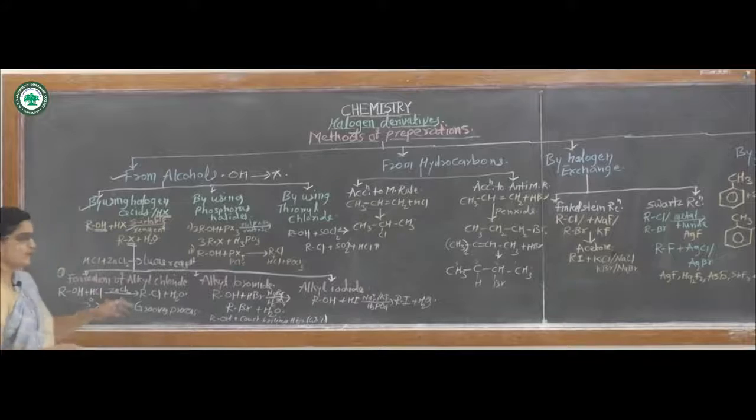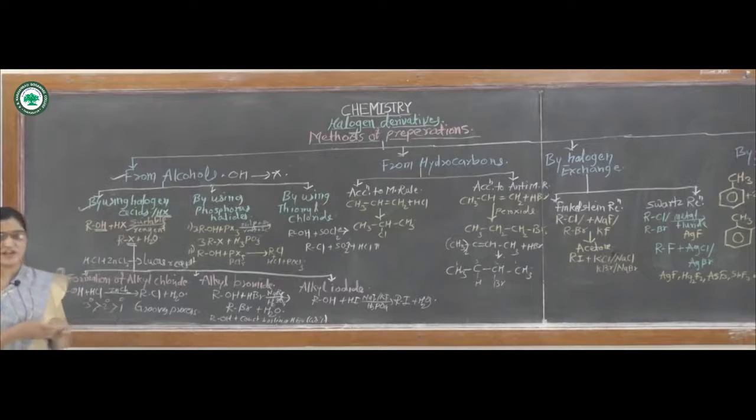By using this Lucas reagent, primary and secondary alcohols give primary alkyl halides and secondary alkyl halides. Primary and secondary alcohols require HCl plus zinc chloride, that is Lucas reagent.